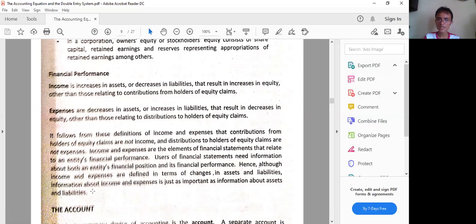Profit, also known as net income, is when income exceeds expenses. So there is a positive result, meaning we are able to gain in the process. We gained out of what we spent versus our earnings. On the other hand, if the opposite is true, then that is a loss or net loss, which means that what we spent for expenses is greater than what we earned in the process.